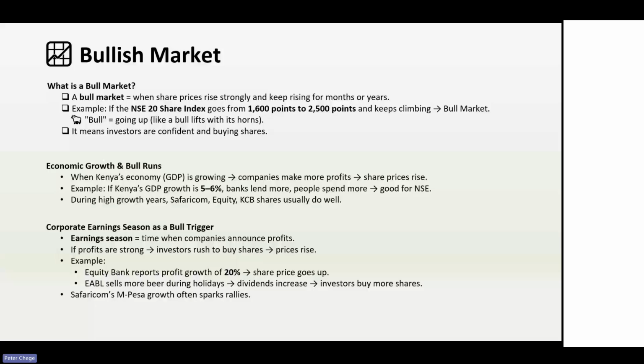That announcement alone, when they make it, you see prices moving up. It's an innovation. It shows there is growth. So we expect more revenue from their partnership. So you see Safaricom growing in price and growing in profits, which means dividend going up. This can spark rallies where people want to buy. Again, push prices up.